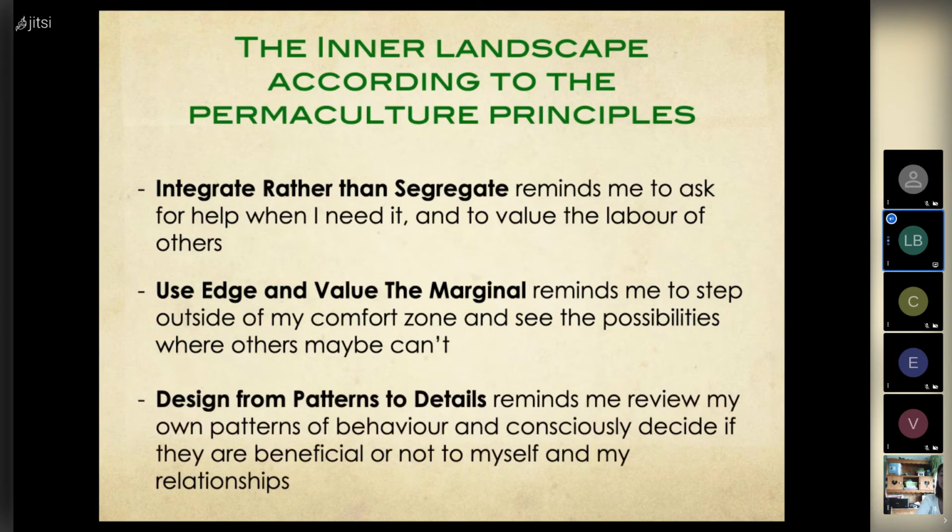Design from patterns to details reminds me to review my own patterns of behavior and consciously decide if they are beneficial or not to myself and to my relationships. So these are just some of the ways that, on a very personal, one-person scale, I use the permaculture principles on a daily basis.